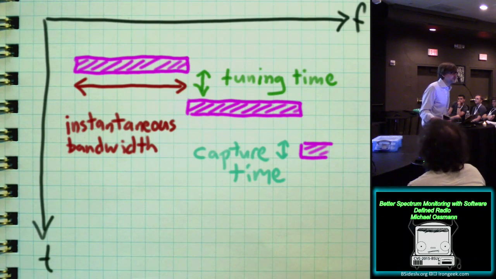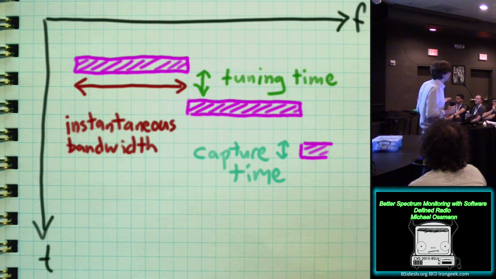And then there's some gap in time between when you stop measuring in one window and when you tune to the next window. That is the tuning time, how long it takes you to reconfigure the radio for a new frequency. If the tuning time is very long, then we're missing a lot of information that we could otherwise gather if we were able to tune faster.